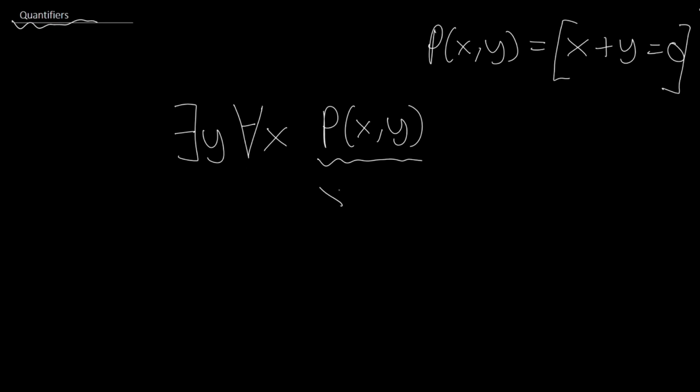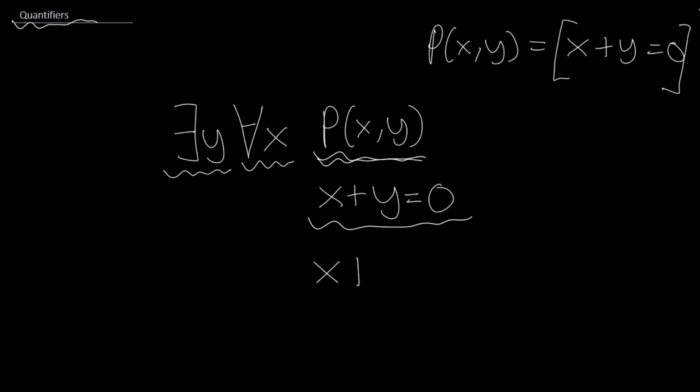This means that if we start with our statement over here, which is x plus y equals 0, then there will exist a value of y such that all x values make this equation true. Now, do you think that y value exists? Is there a y value that makes this equation true for all possible x values? Well, I don't think there is one.